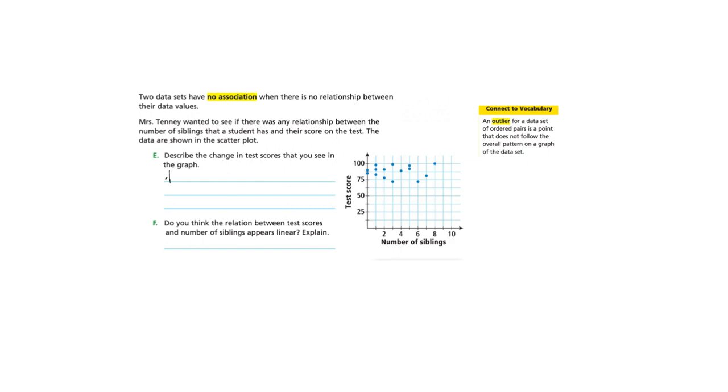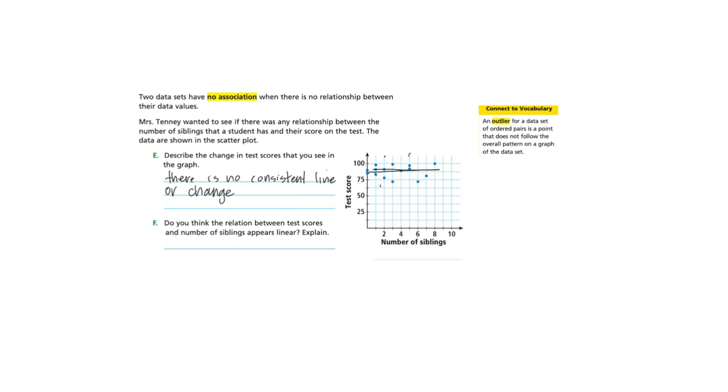So let's write something like that. There is no association. I mean, you could say, well, I can kind of draw a line here, but there's still points all over the place. There's not really a cluster of points.